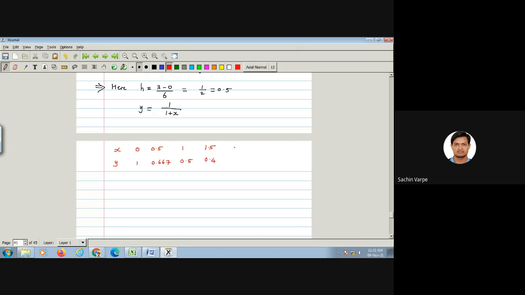Then for x equal to 1.5 plus 0.5 is 2, and corresponding y is 1 upon 3, that is 0.33. Then 2.5, corresponding y is 0.2857. And then for x equal to 3, last, because 2.5 plus 0.5 is 3, corresponding y is 0.25.